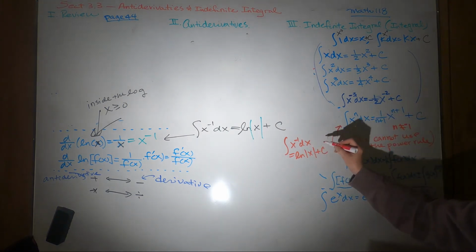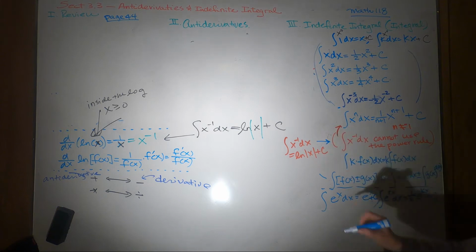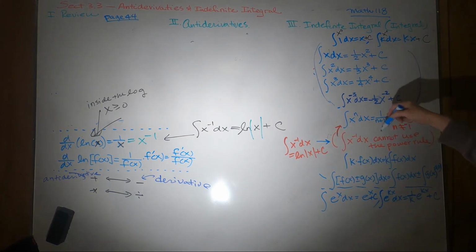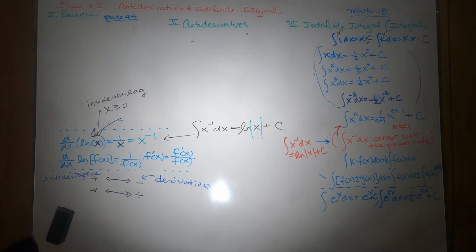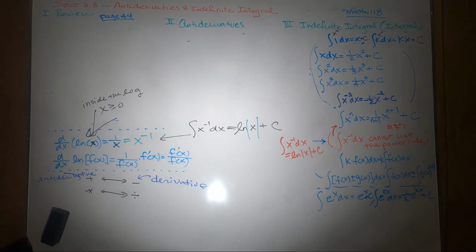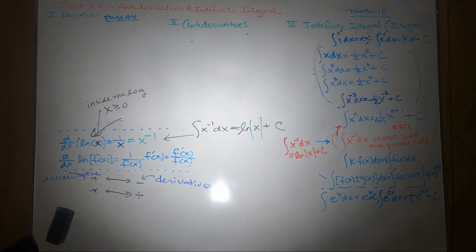Okay? So this one will replace for all the polynomials for the antiderivative. All other powers, you can use the power rule except what? X to the negative 1 power.